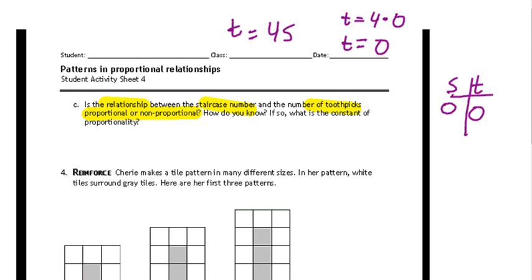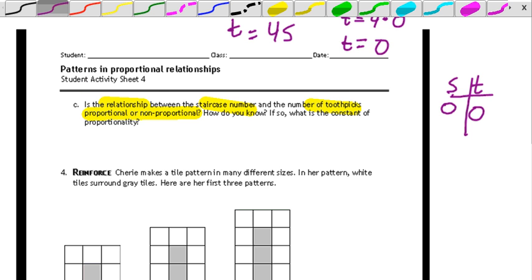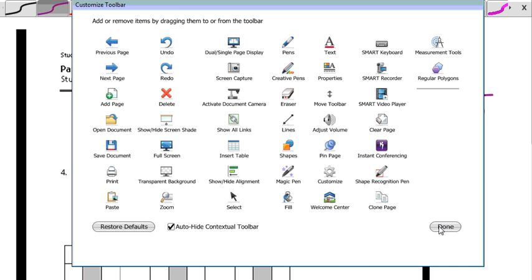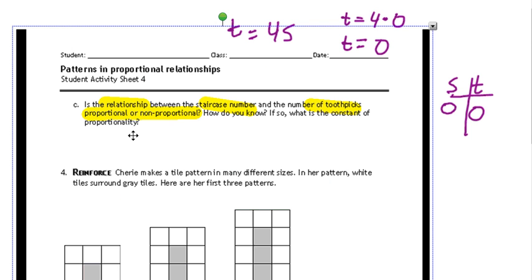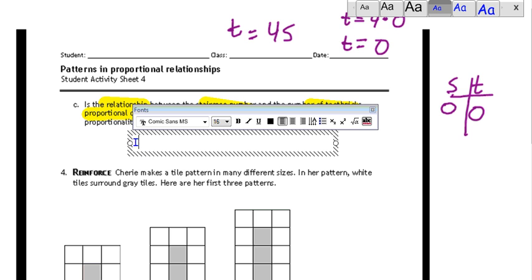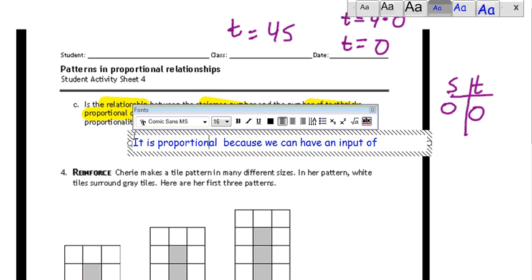So we know our answer is going to be, oh, it's too early in the morning for this. It is proportional, because we can have an input of 0 and get an output of 0.